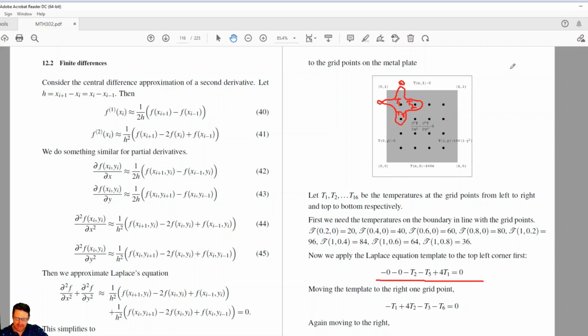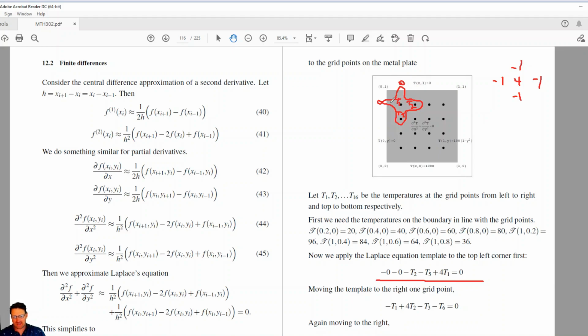Okay, using the template, which looked like -1, -1, 4 in the middle, -1, -1, I multiply these coefficients by the variable values displayed in the template to form this equation, right? And the right-hand side is 0 because of Laplace's equation. So we have approximated Laplace's equation at the point T1.